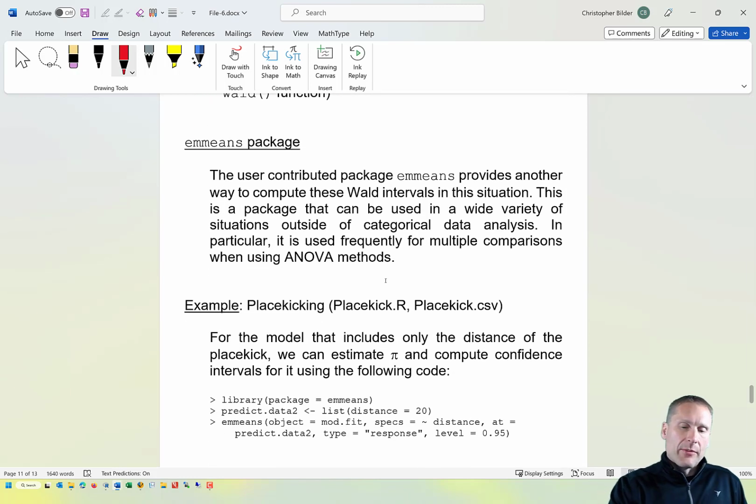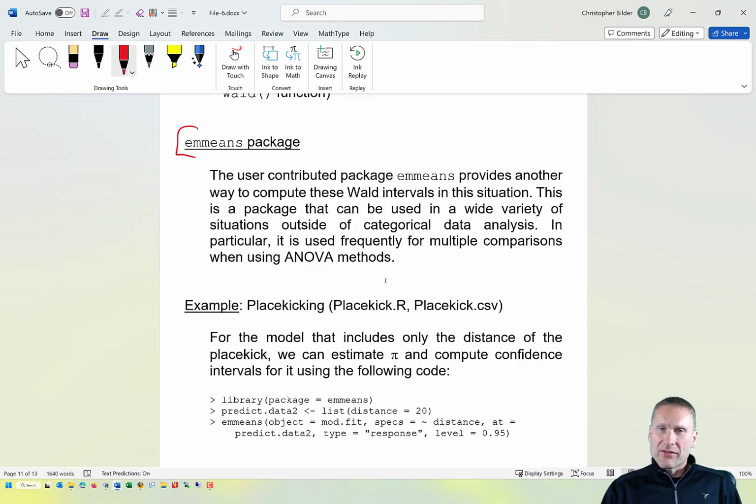Okay, the last topic that I want to discuss in this section of notes is how one could use a package called emmeans to do the wald confidence intervals. Now you might be wondering, well, I've said that the wald confidence interval is not quite as good as the profile likelihood ratio interval. So why don't we just always use a profile likelihood ratio interval?